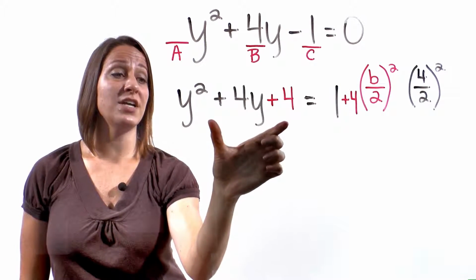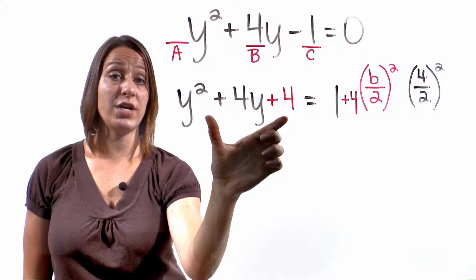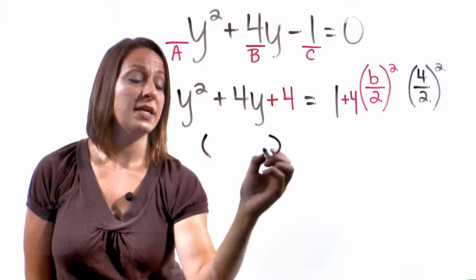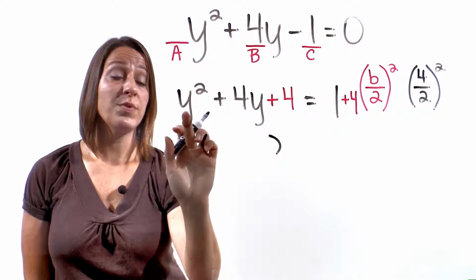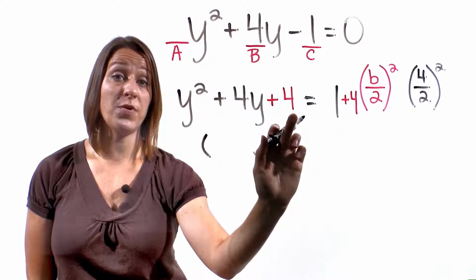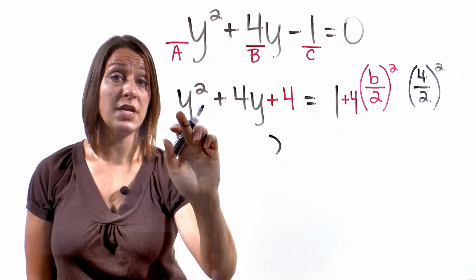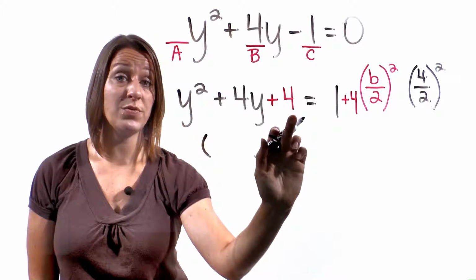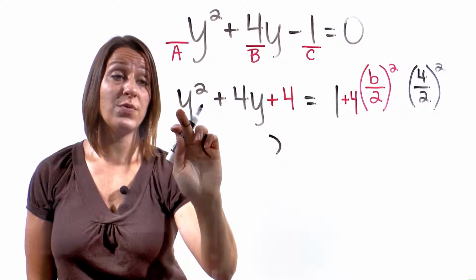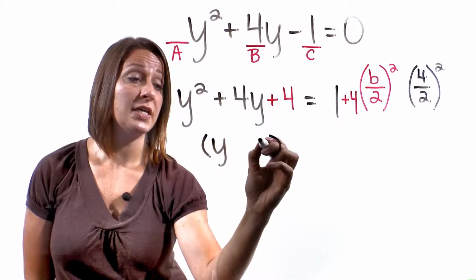Now, what we have done with this trinomial is we have created a perfect square trinomial. Perfect square trinomials can factor. Remember, a perfect square trinomial has a first term and last term that are perfect squares, and the middle term is the square root of the first term times the square root of the last term times 2, which it is, because the square root of y squared is y and the square root of 4 is 2.